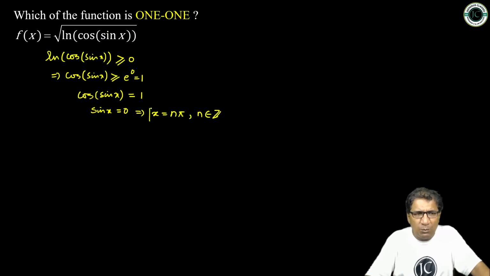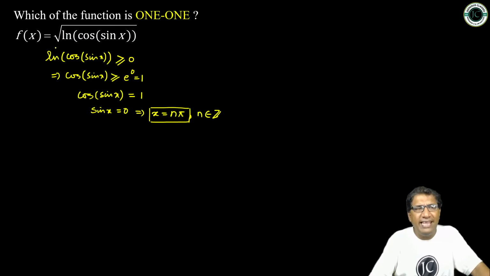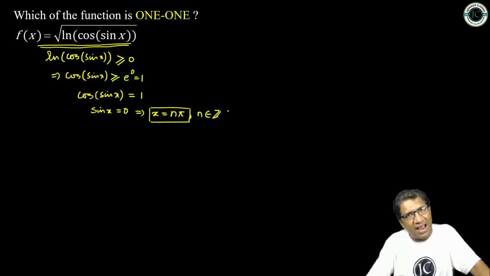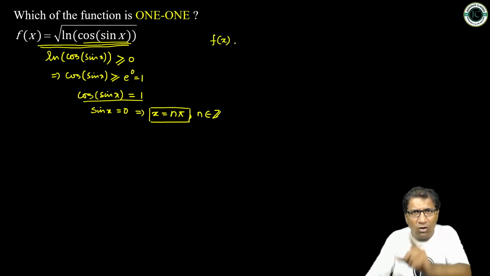It means when x belongs to integer multiples of pi, then this function is defined, right? Now look children, what will be the value of the function f(x)? When cos of sin x is 1, then ln of 1, log 1 base e, is 0. It means the value of f(x) is always coming to 0, right?